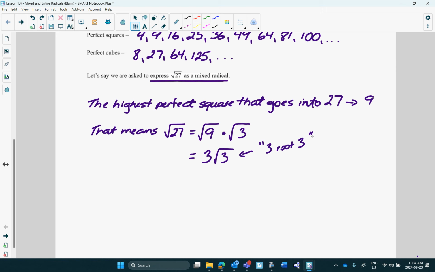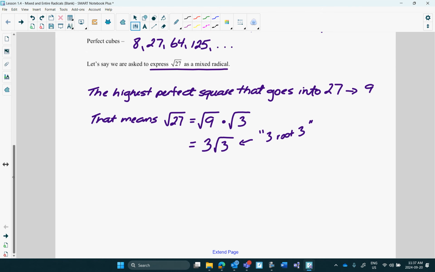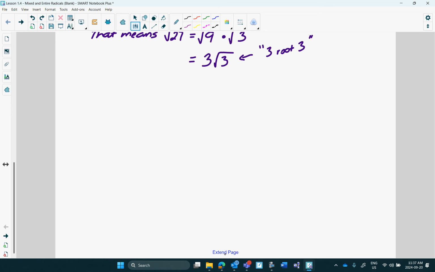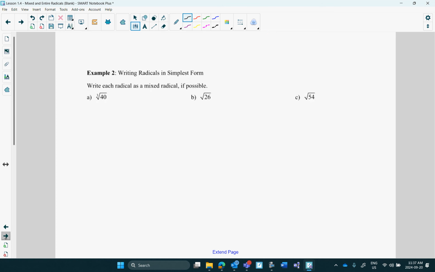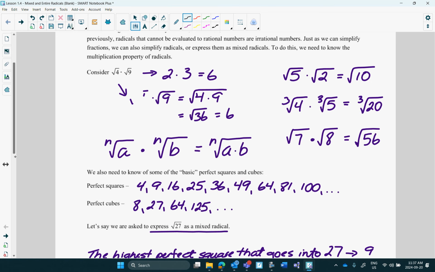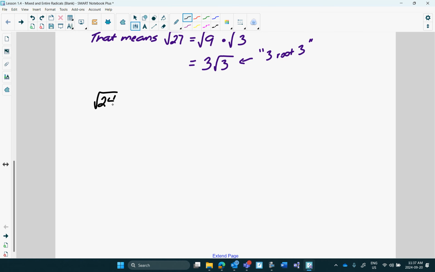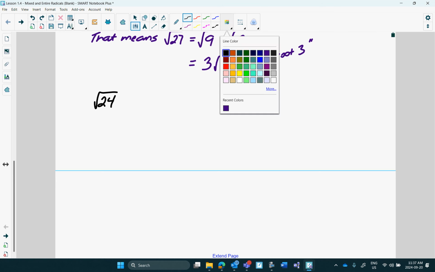Before we move on to the examples on the next page, let's actually do another one. Let's do the square root of 24. We don't have to show all that writing and all that work that we did above. Here's how you can do it.